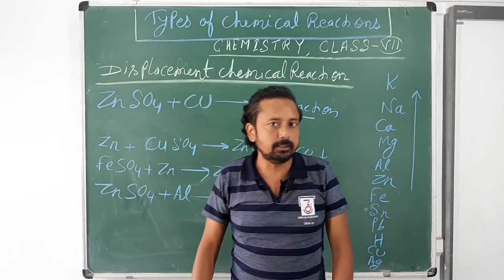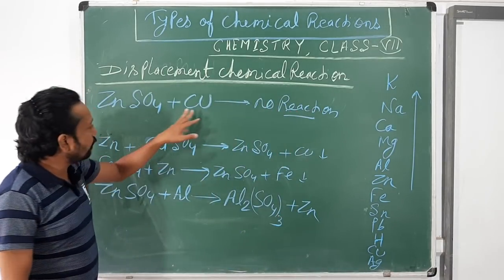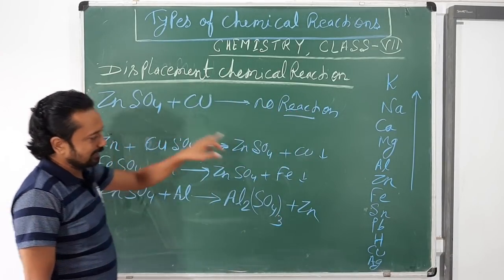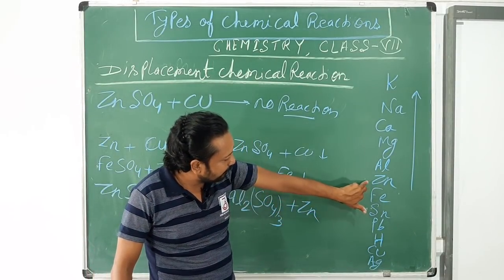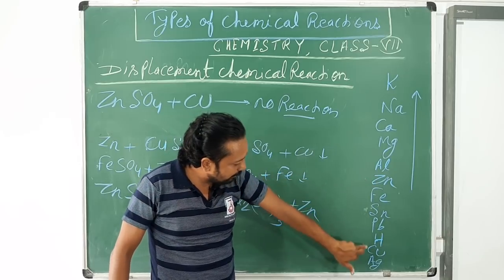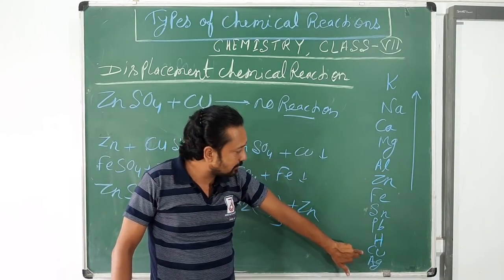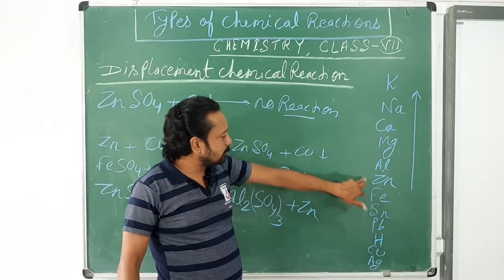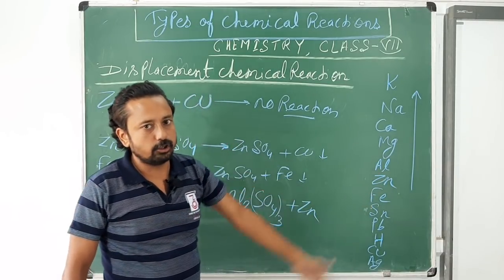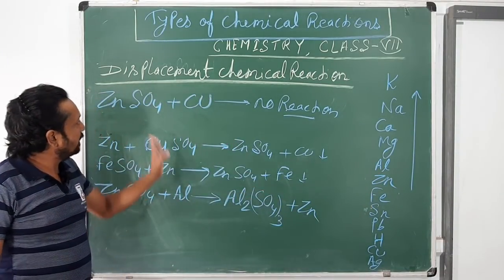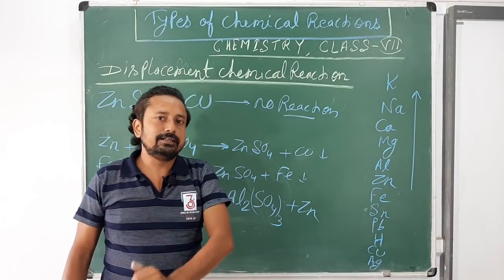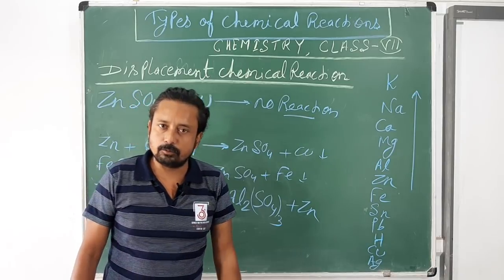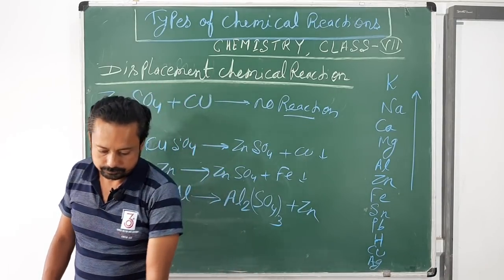Just look here, copper is here and zinc is here. The reactivity of zinc is more and the reactivity of copper is less. It means copper cannot displace zinc from their salt solution. So displacement reactions are those chemical reactions in which a higher reactive metal displaces a lower reactive metal from their salt solution.